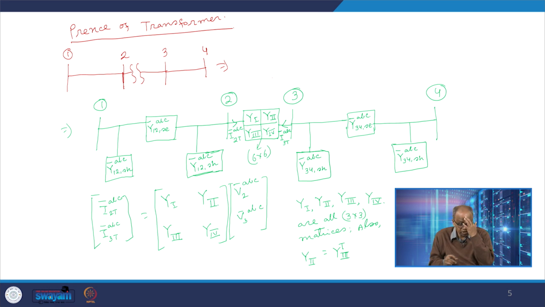Although this relation is not usually used much, we still need to remember this. And we know how to calculate these four matrices Y1, Y2, Y3, Y4 for any given transformer connection, such as YgYx, which we have considered.